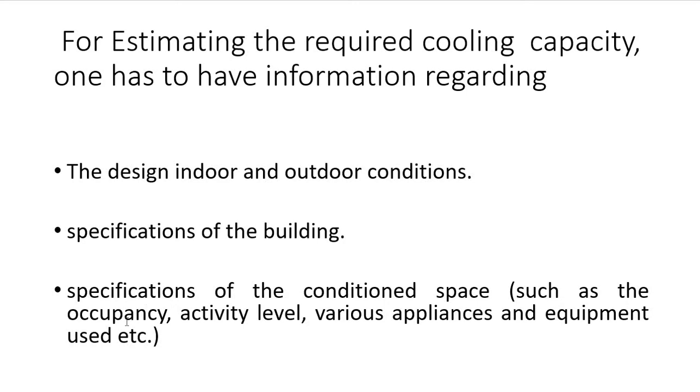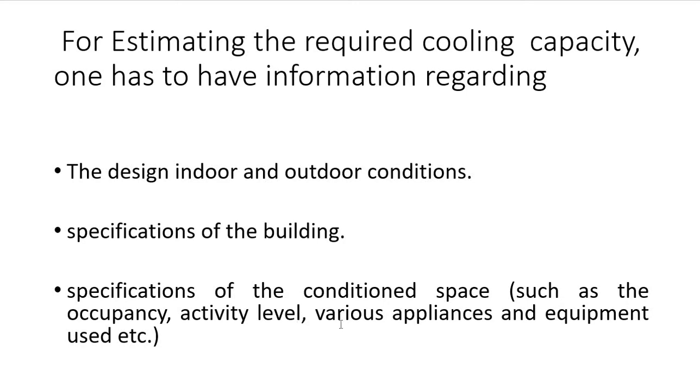Whether it is meant for 50 persons, 100 persons, 150 persons, or 1000 persons. Activity level means, suppose a person is sitting inside a room without doing any activity, he will emit a very small amount of energy. If the person is doing some exercise, he will emit a lot of energy in the form of heat. So that heat has to be removed.